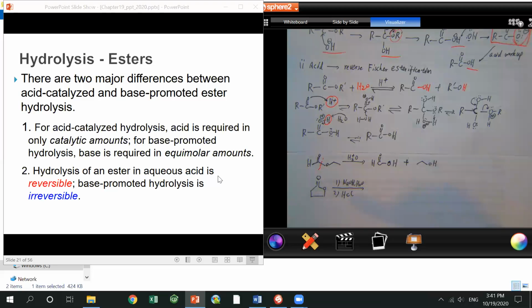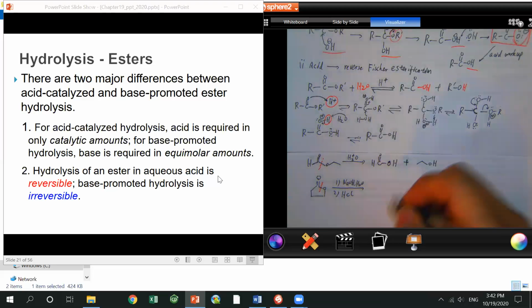It's still the same thing. You need to know where the bond breaks. That's actually here. This bond breaks, then the OH goes to the carbonyl carbon, and hydrogen goes to the carbon with the single bond to the oxygen.